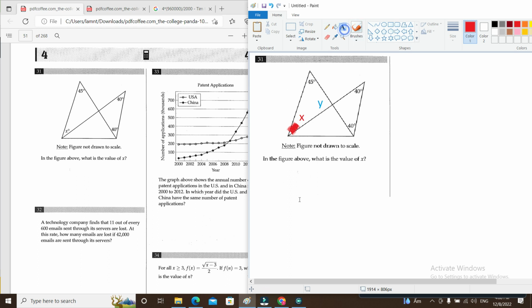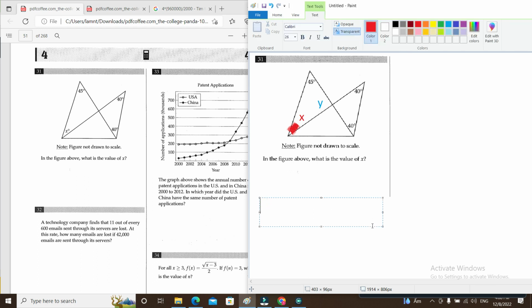So we're going to have an equation: x is equal to 180 minus 45 minus y, right? Because x, y, and the 45 degrees make up a triangle, so that's just 135 minus y. Okay, so now we have to calculate y.